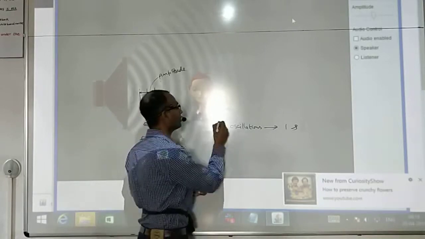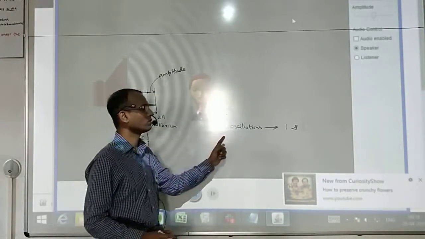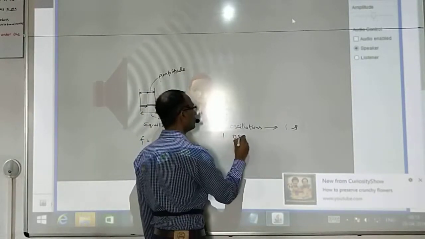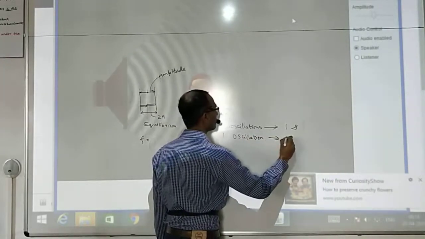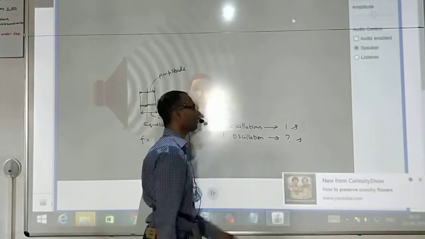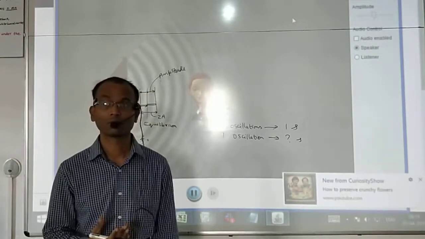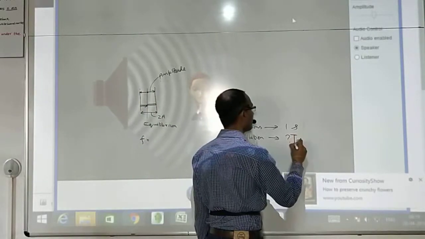So these 10 oscillations represent frequency. Agreed? Because it tells you how many oscillations happen in 1 second. Now if I ask you, one oscillation will take how much time? 1/10 of a second. The time taken for one oscillation is called what quantity? Time period, T.